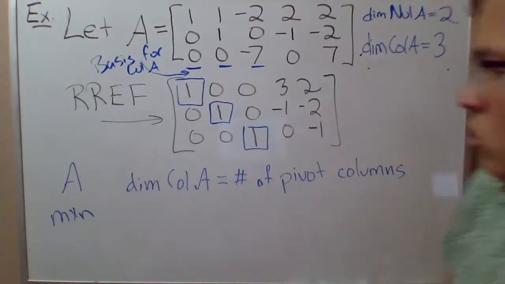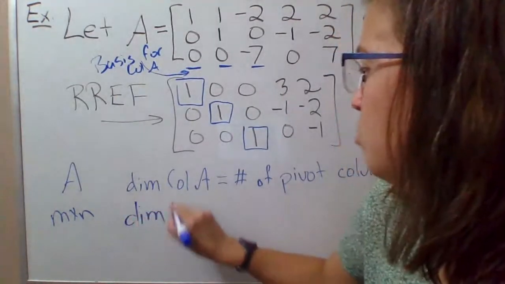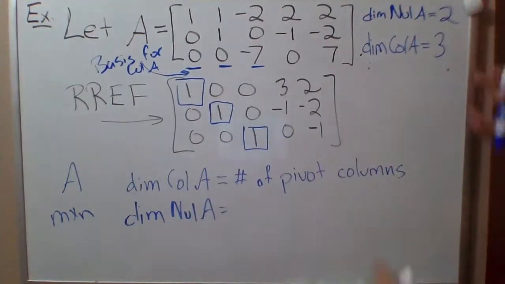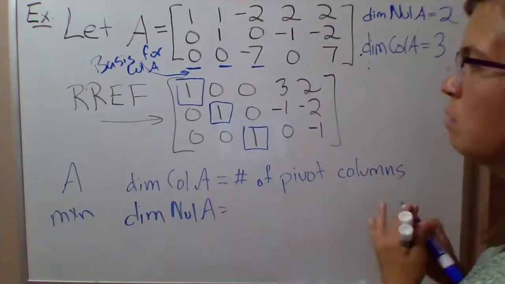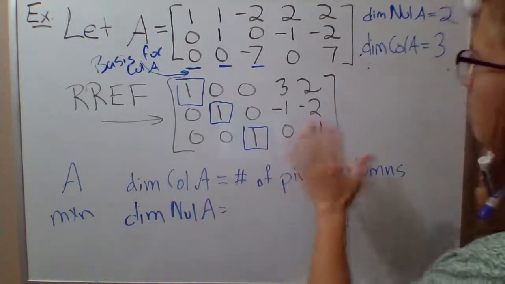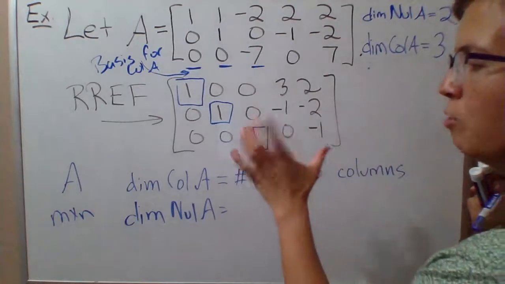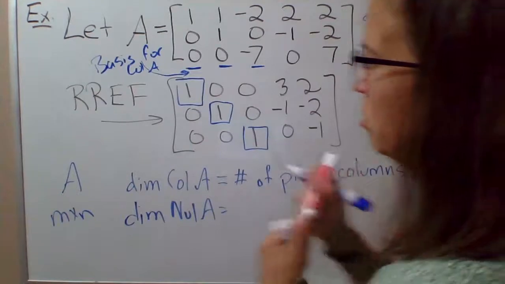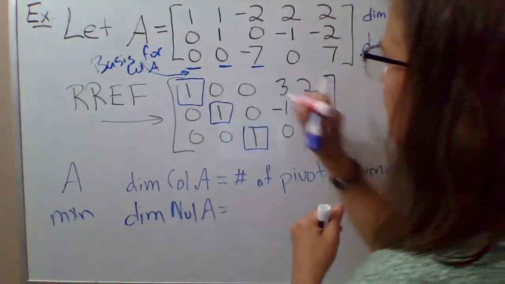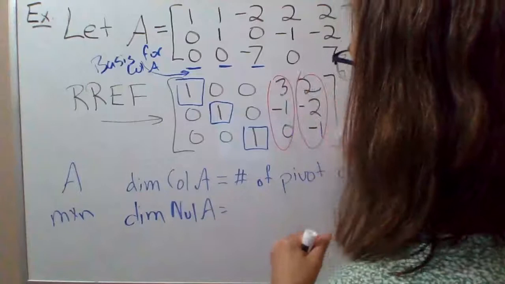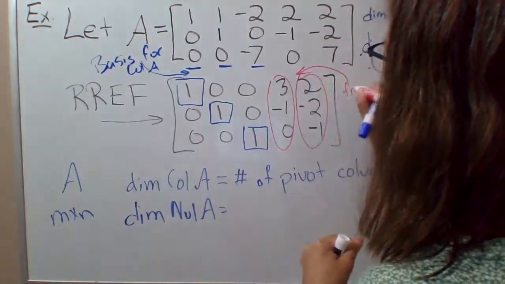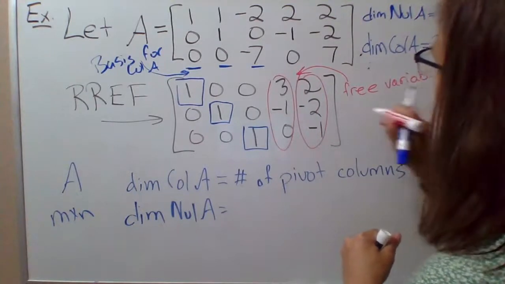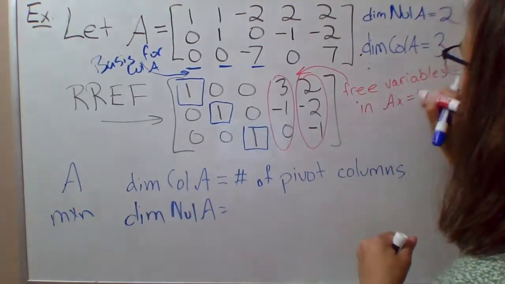Now let's think about the dimension of the null space of A. I know it's erased now, but think about the way that we found the dimension of the null space. We found first the parametric form for the solution set to the equation AX equals 0. When we did that, we noticed that these two columns correspond to free variables, right? In the equation AX equals 0.